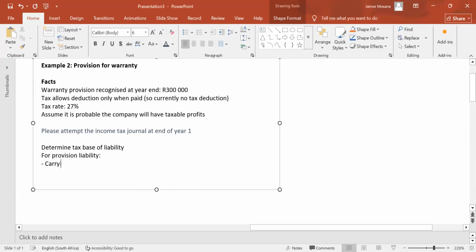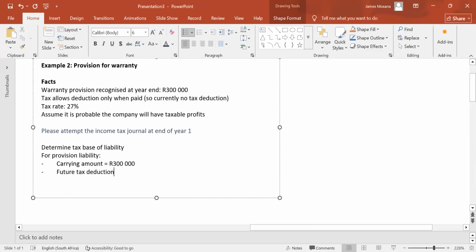So here we have a carrying amount of 300,000. We have future tax deductions, obviously, when settled, right, of 300,000.